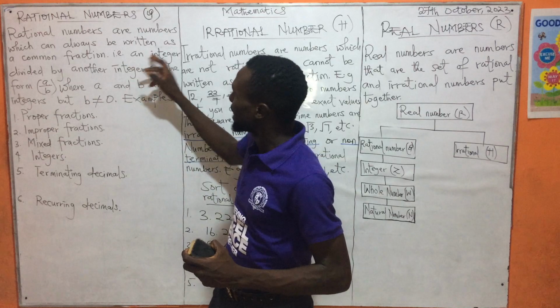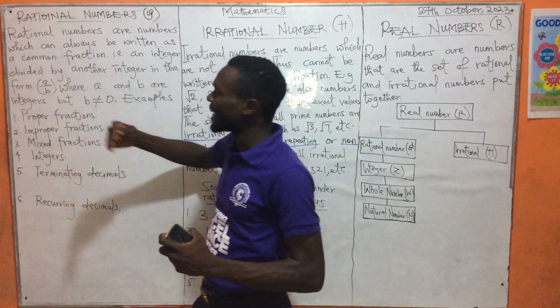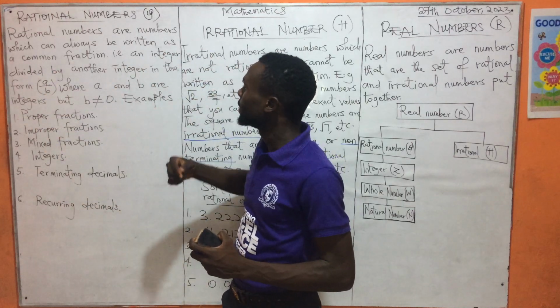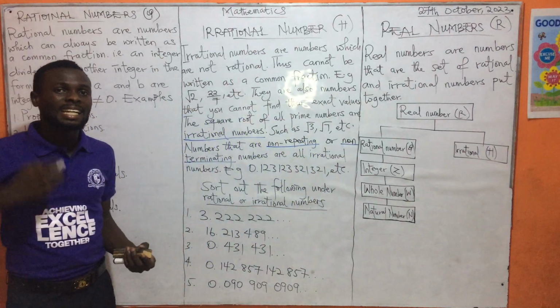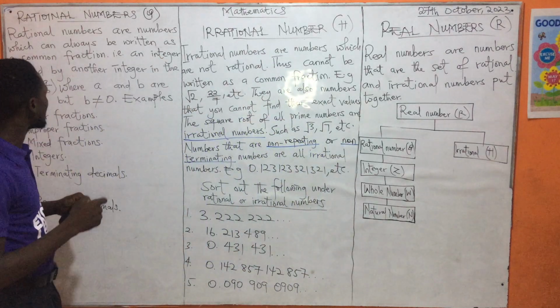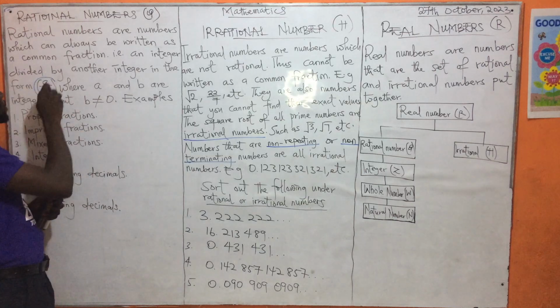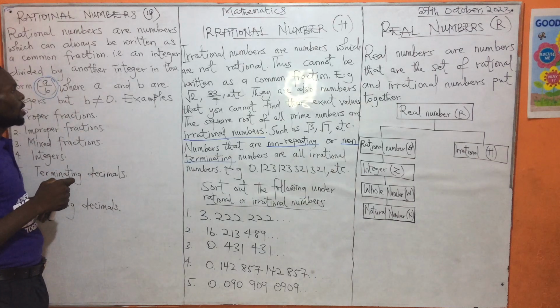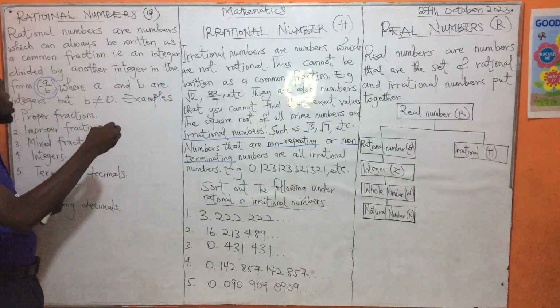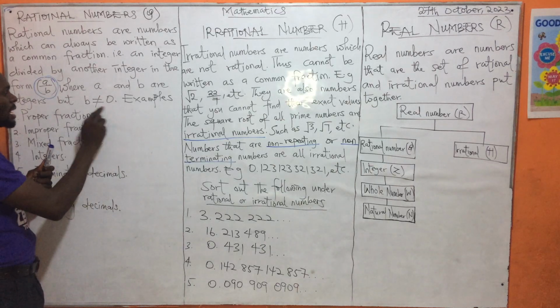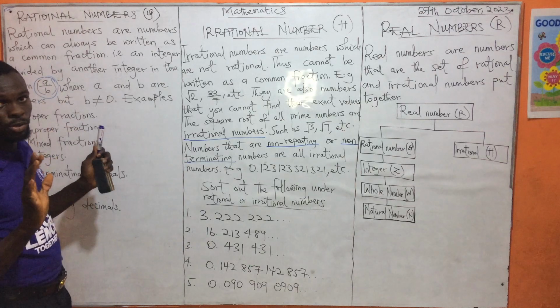That is, an integer divided by another integer in the form a over b, where a is an integer, b is also an integer, but b shouldn't be 0.